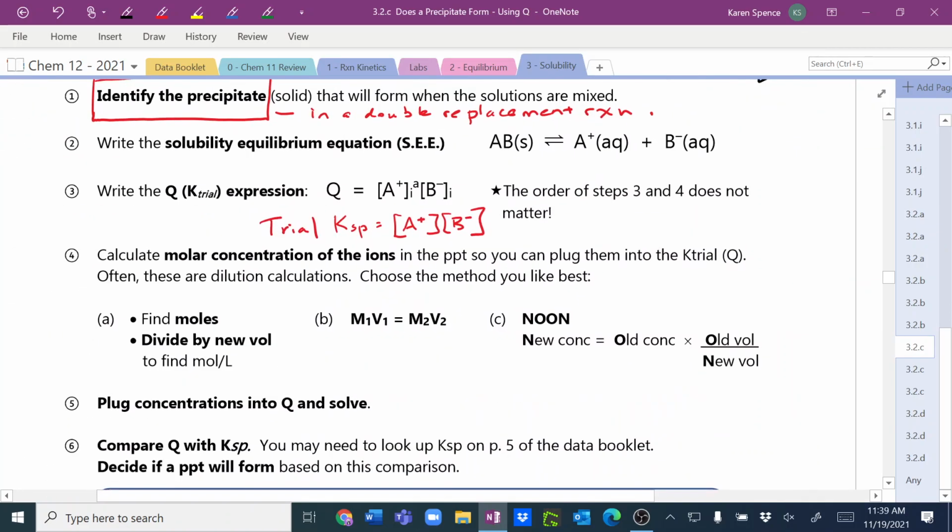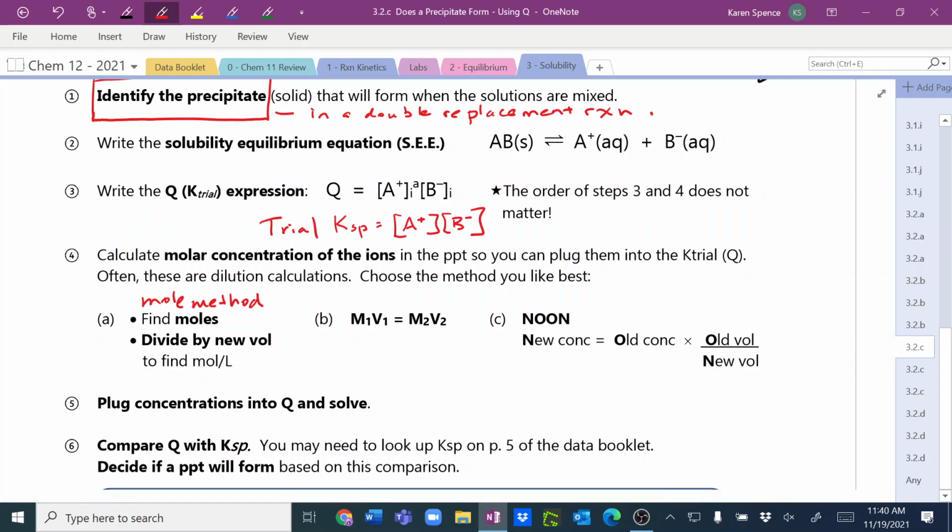You can use the mole method to do those dilution calculations. You can use M1V1 equals M2V2. I'm going to show you a third method, which is really just M1V1 equals M2V2, but rearranged. I call it the noon method, because the new concentration equals the old concentration times the old volume over the new volume.